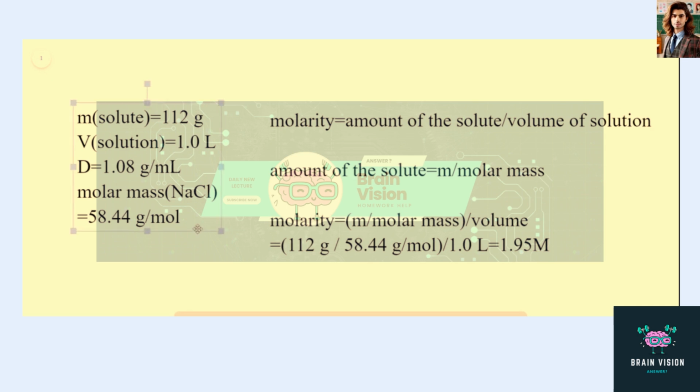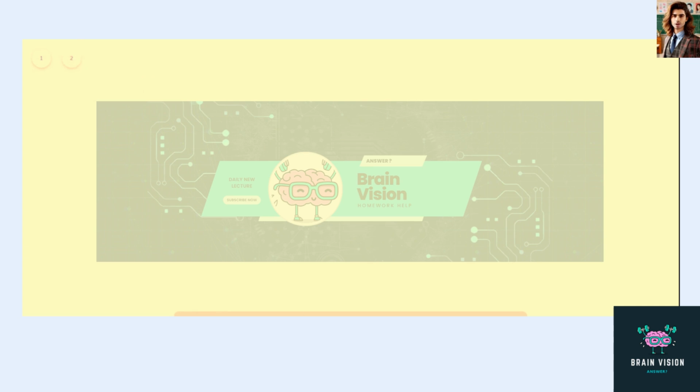Now we can talk about molality. Here's again the equation that we need to use, which is molality equals the amount of the solute divided by the mass of the solvent.